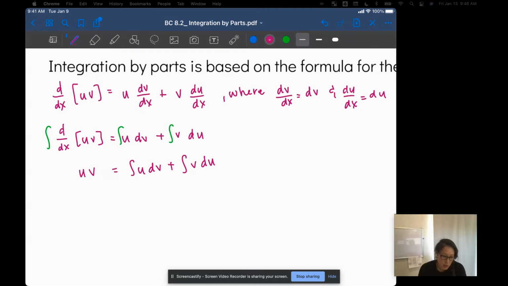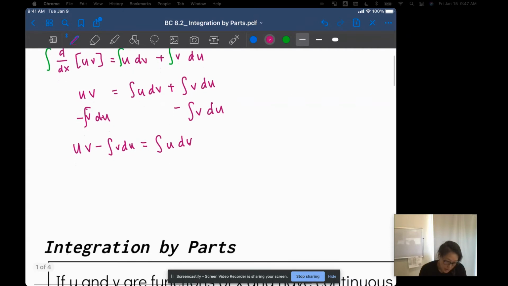Okay, so what I'm going to do next is move over the integral of v du. So I get uv minus the integral of v du is equal to the integral of u dv.